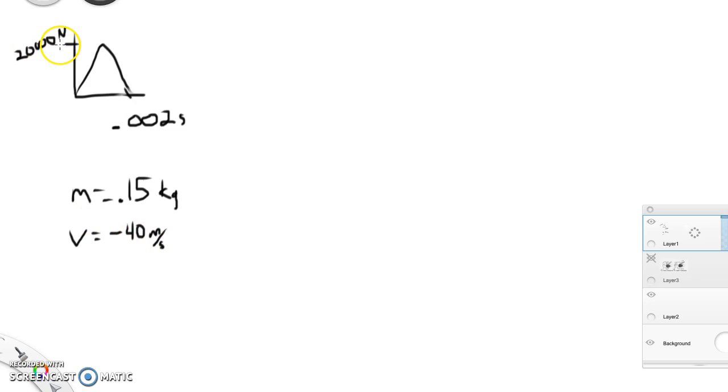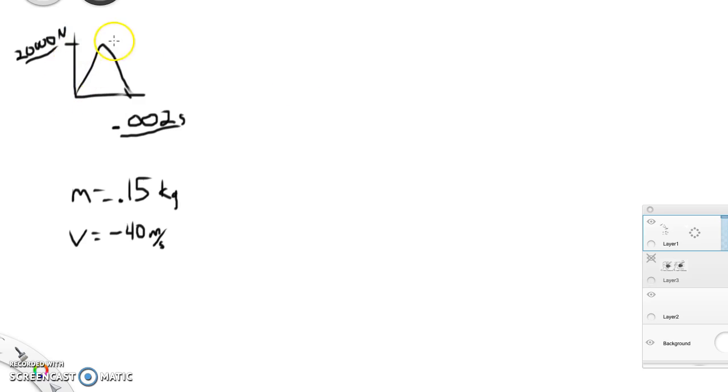And let's say that the batter swings and hits the ball and it makes contact for about 2 milliseconds, okay? And during that time it has a peak force of about 20,000 newtons. Now if we were to graph the force over time for a baseball and a bat, it might be kind of curved like this, maybe more of a bell curve.